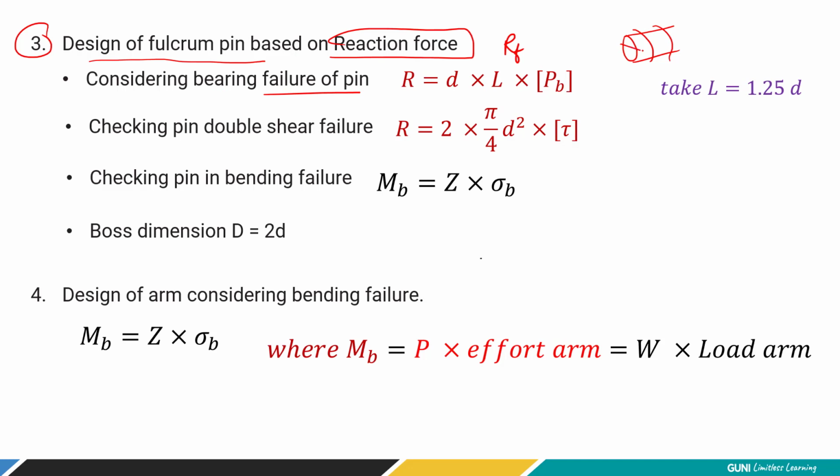It may happen that force acts here, so on its rectangular section we apply a compressive force. This is what we are going to call bearing load, right? So the diameter D and its length L. This is the area on which the reaction force is acting, and this is the bearing stress. We cannot term it compressive stress because it is in motion and it has a lower value, right? So we are going to call it bearing stress or bearing pressure. The proper word is bearing pressure.